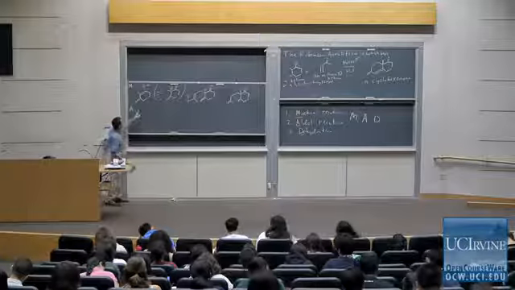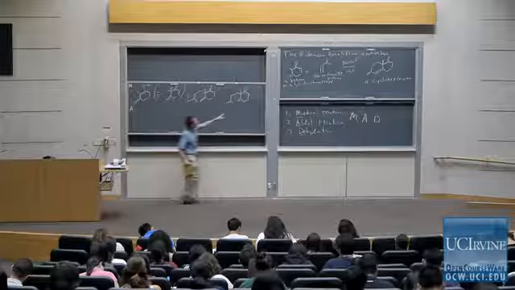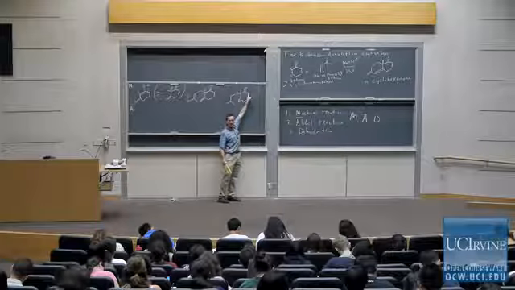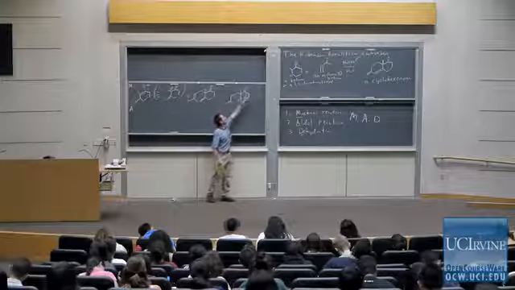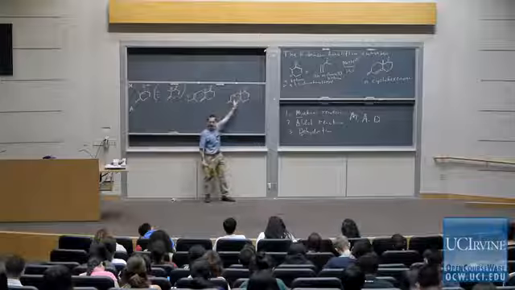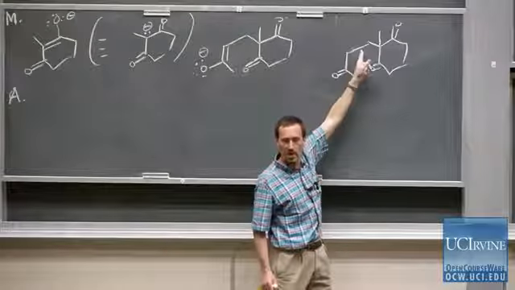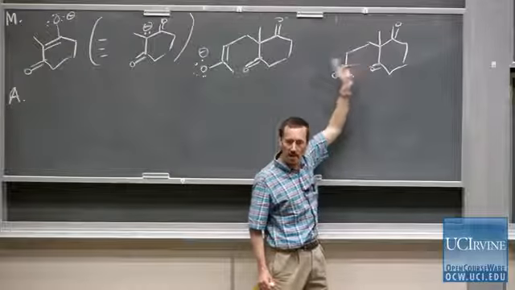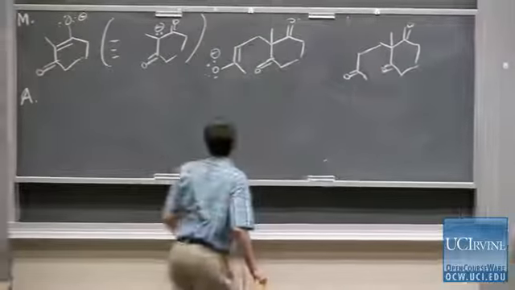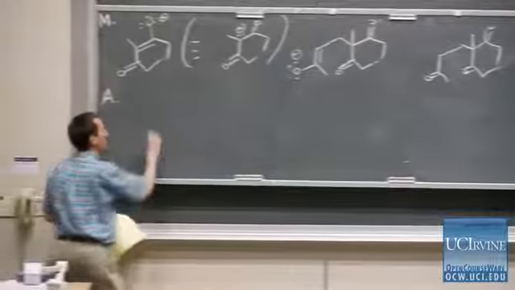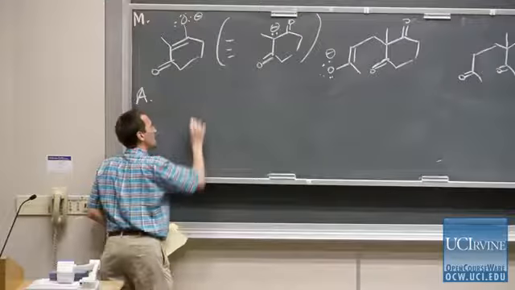Every possible alpha position can form enolates. Some of them don't lead anywhere. Protons come off, protons go back on. Some of them do. I'm going to generate the enolate that's going to take us on in our next step.